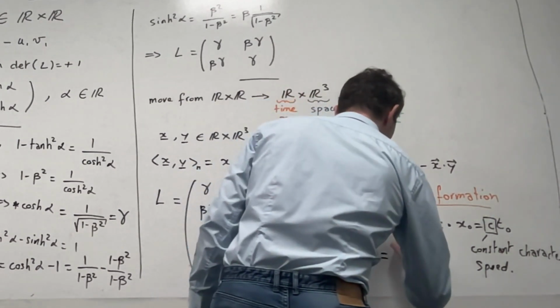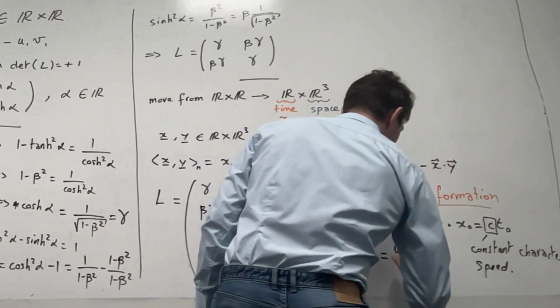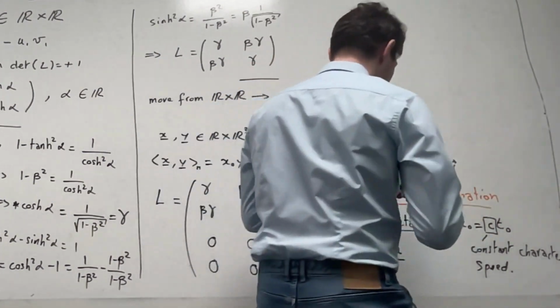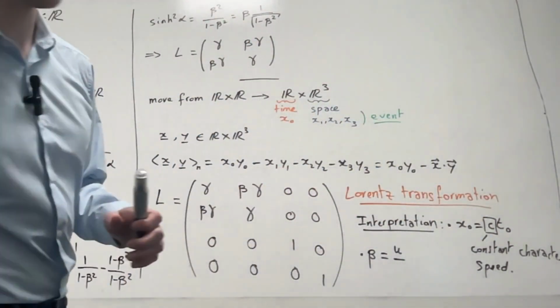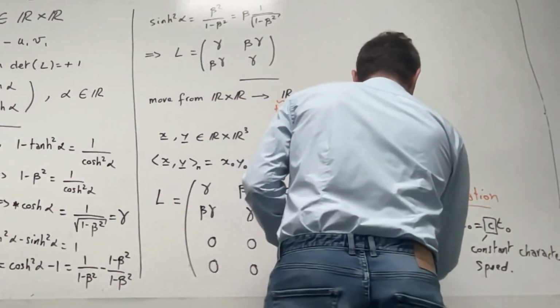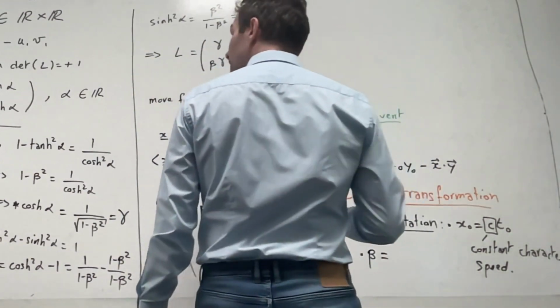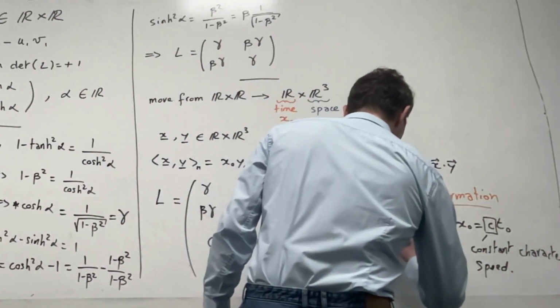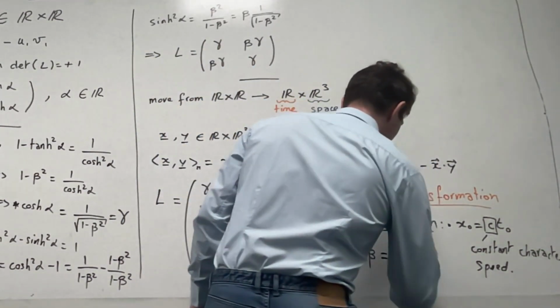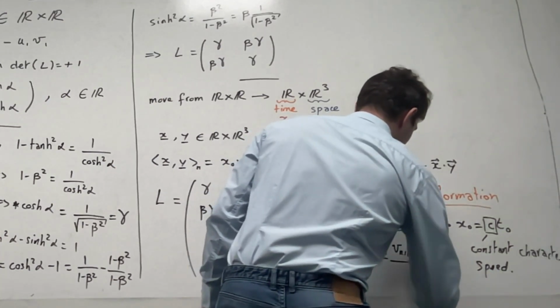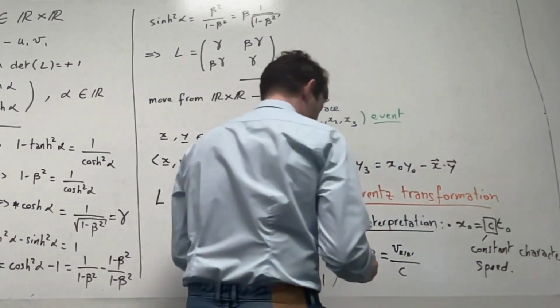So I'm going to call that u. That's not a good idea to call that u, because u here was a vector. So let's call that differently. Well, v as well was a vector, to be honest. But maybe I can call that v of r prime, and then divided by c.